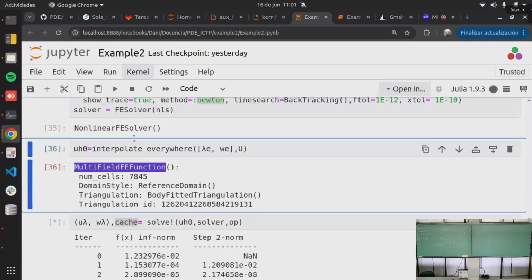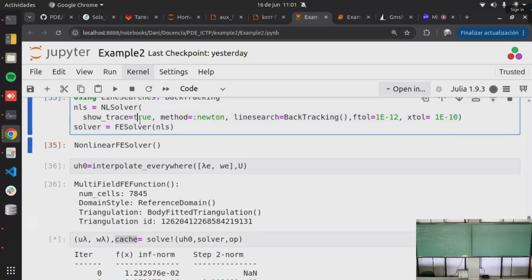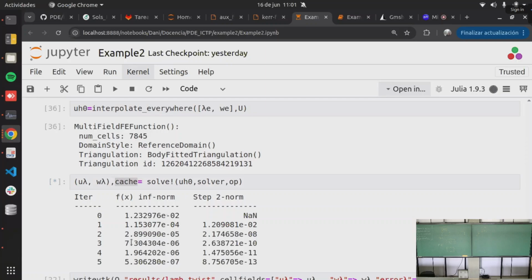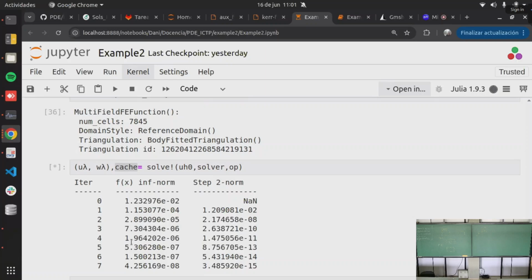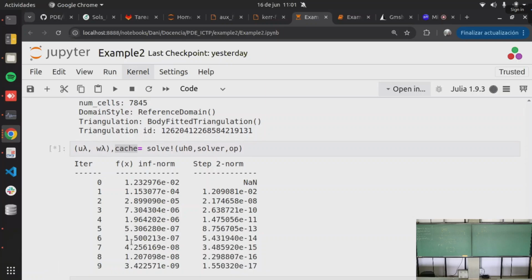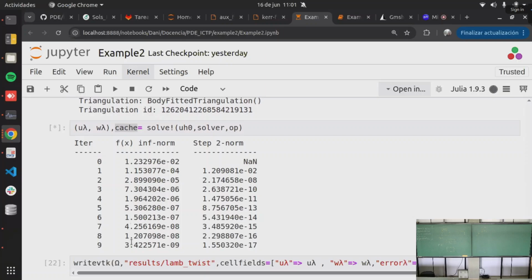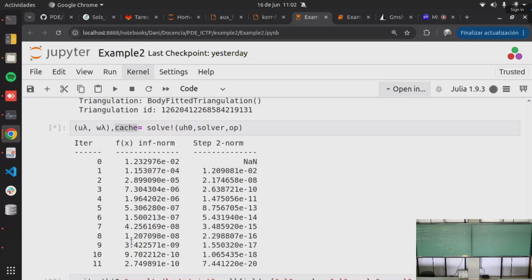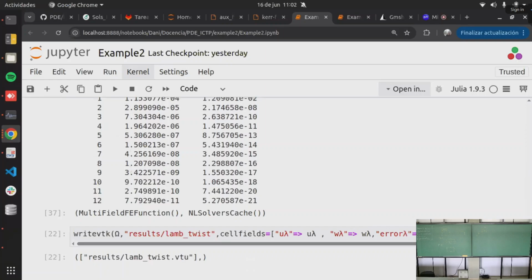Remember that I put show trace true, so we can see every step of how the solution evolves.